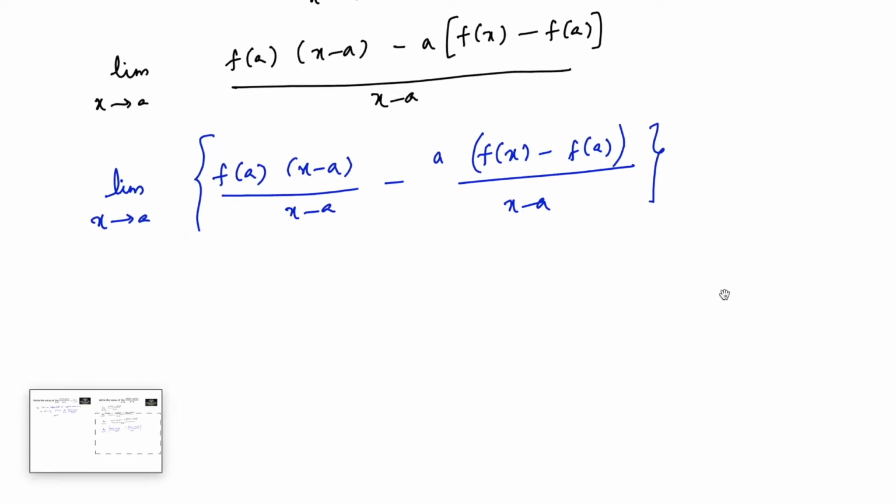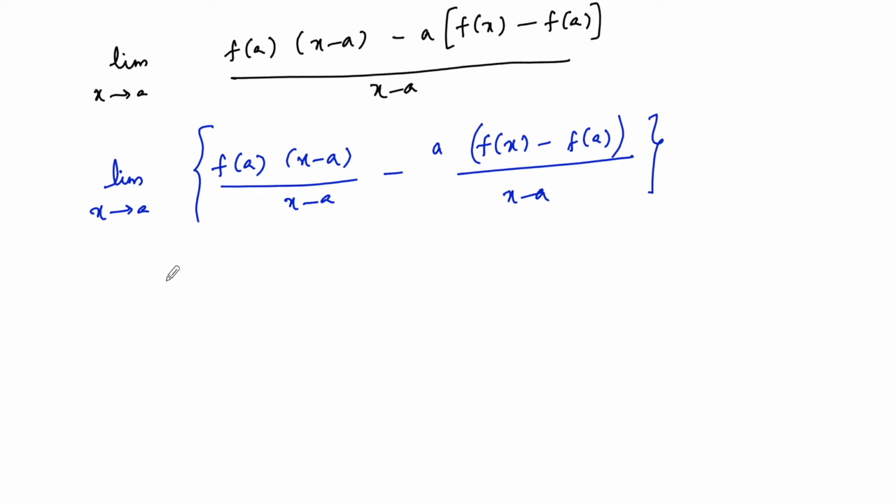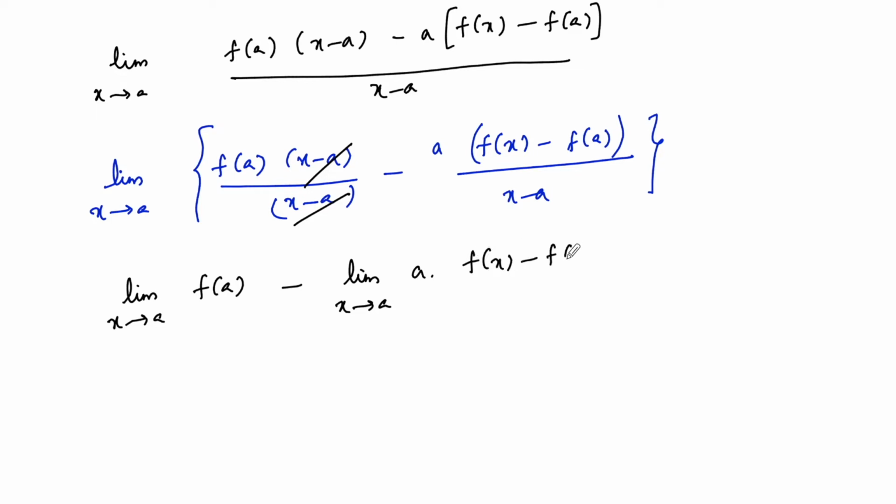By algebra of limits, we can take limits separately, and here we can cancel this x minus a in the numerator and denominator, and we can write limit x tends to a of f of a minus a into limit of f of x minus f of a divided by x minus a.